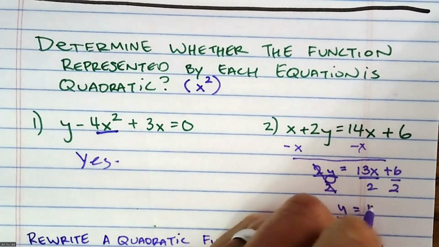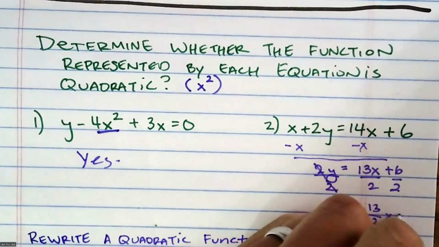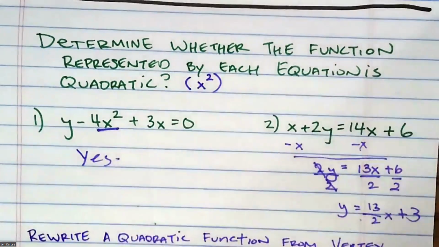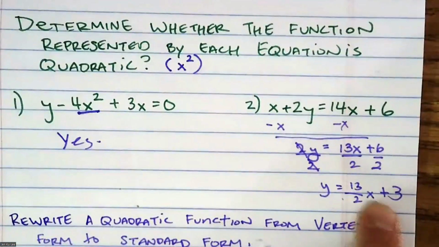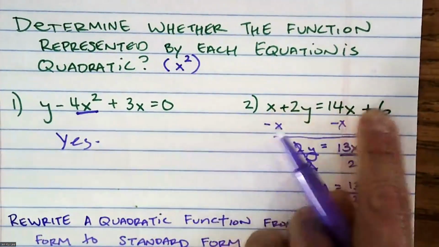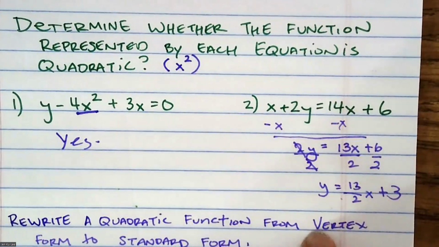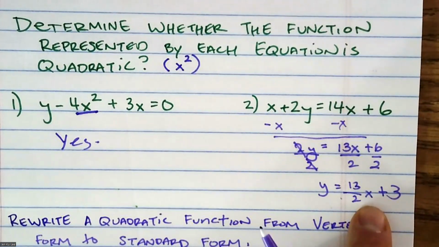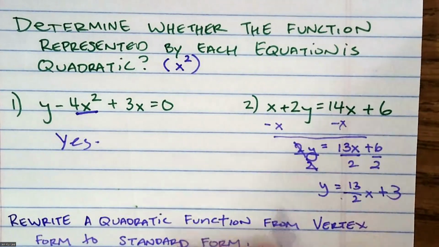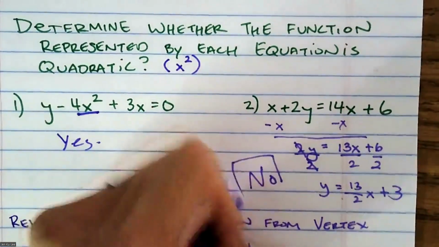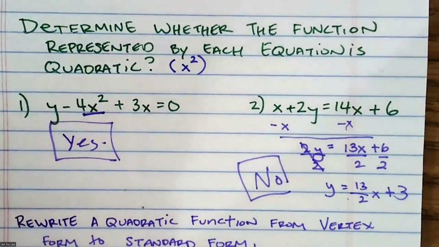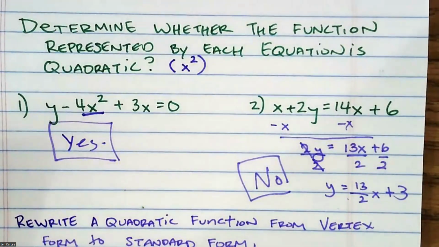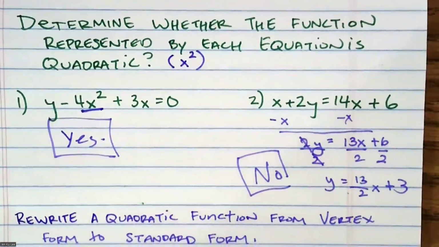So y equals 13 over 2 x plus 3. And this one, there's no x squared to start off with as well. But you can see that there is no x squared. So this is a no.